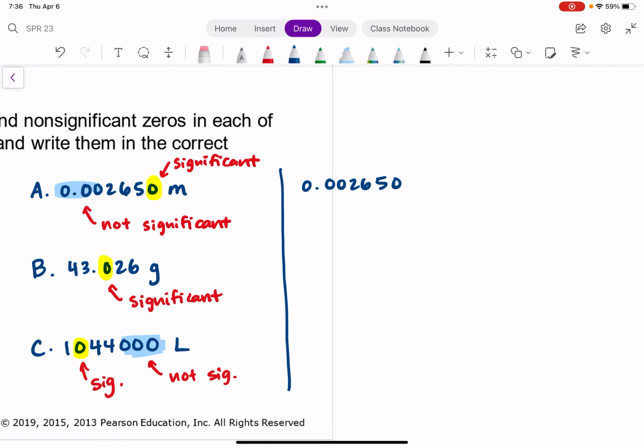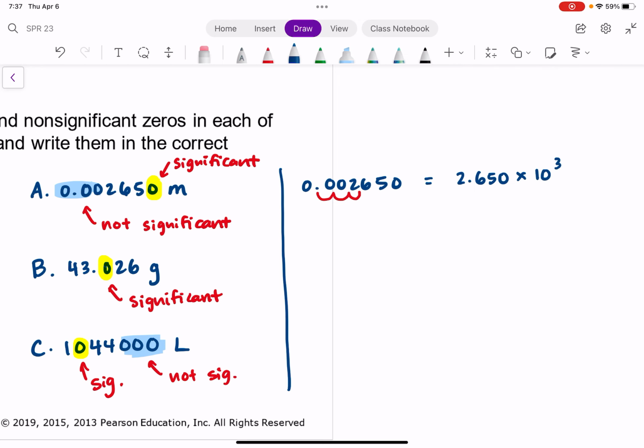The way that I do it again is I move the decimal point 1, 2, 3 times so that I'm creating a number that is between 1 and 10, right? So that's going to give me 2.650 times 10 to the what? -3.